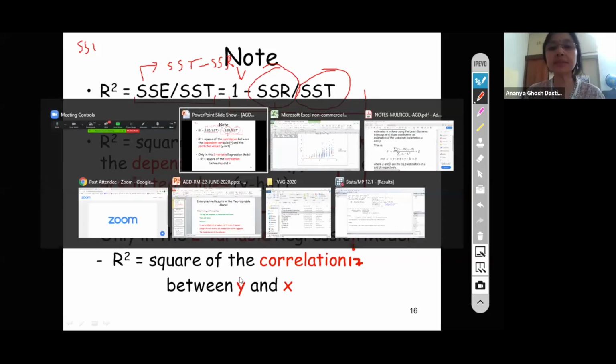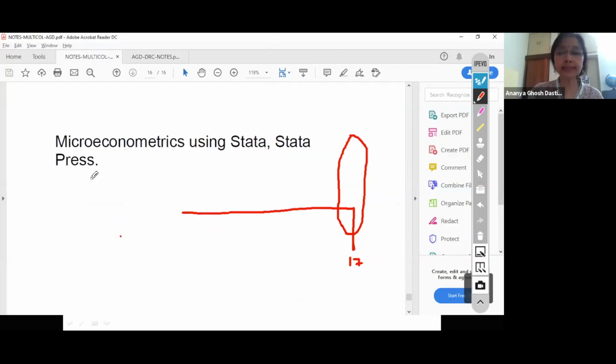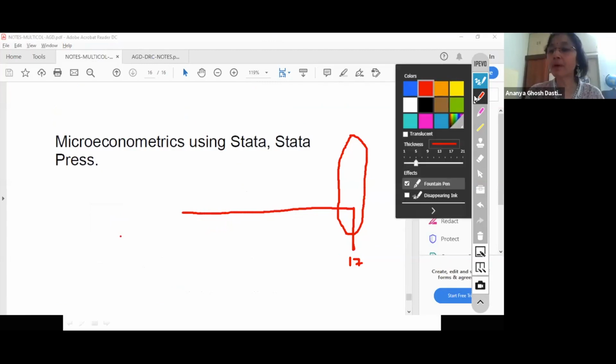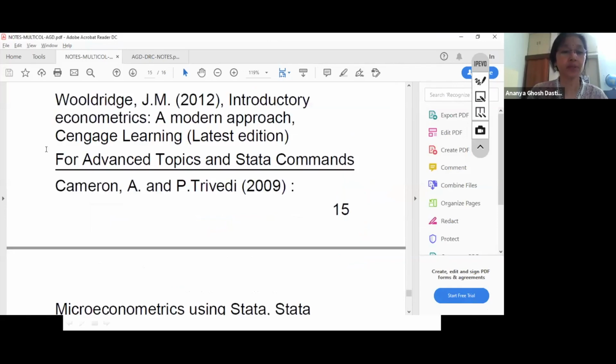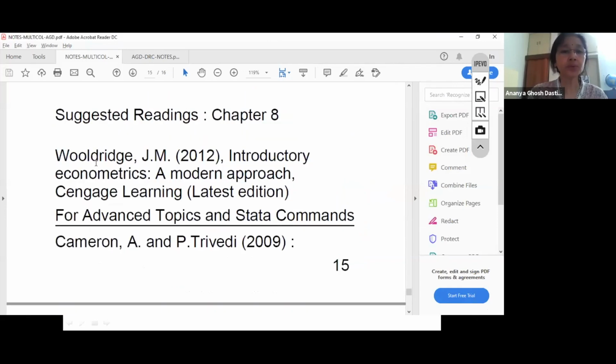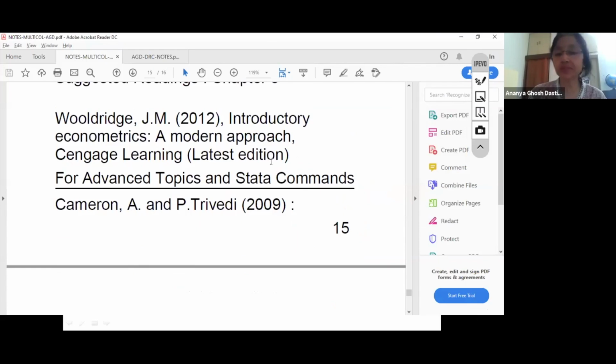So one is this book by Wooldridge, and the other one is this book by Dougherty. This is the book by Wooldridge that I think is one of the best books available on the topic.